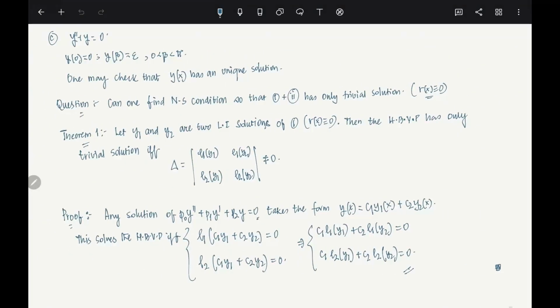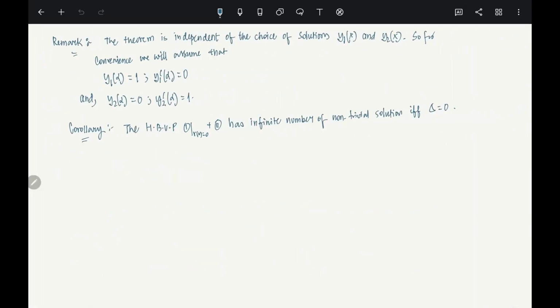That's trivial, right? If delta is 0, then there are infinitely many solutions C1, C2 such that y satisfies that equation. So you will have infinitely many solutions. That's the if and only if condition: if and only if delta equals 0. That's given.